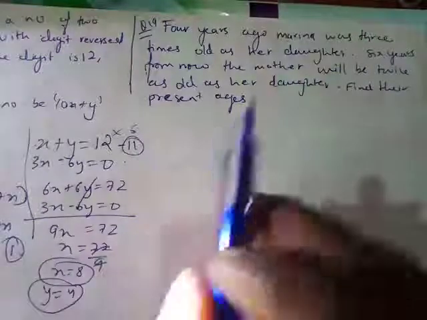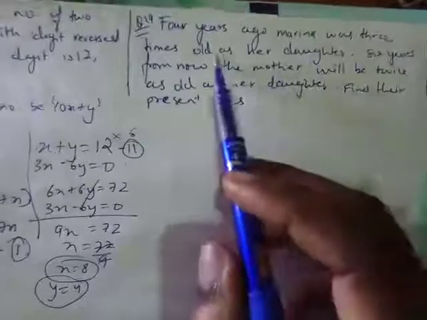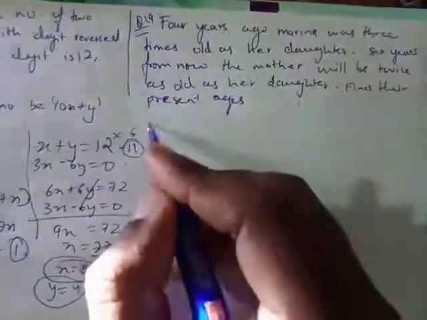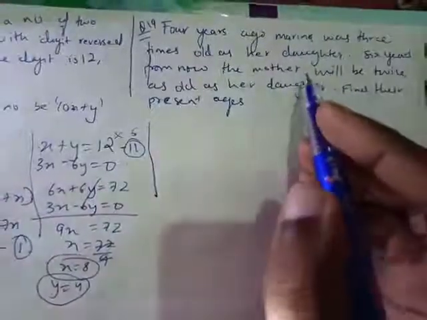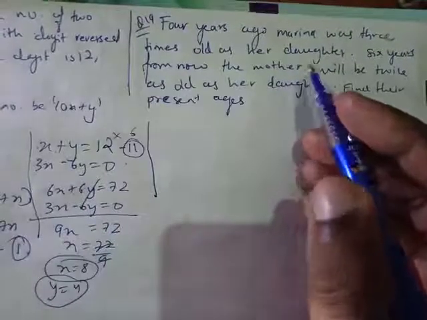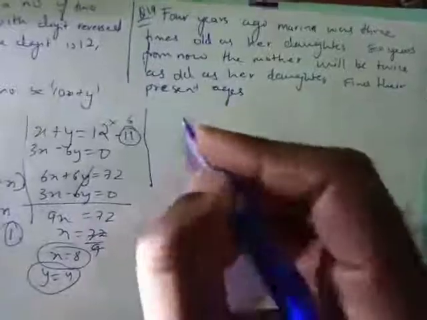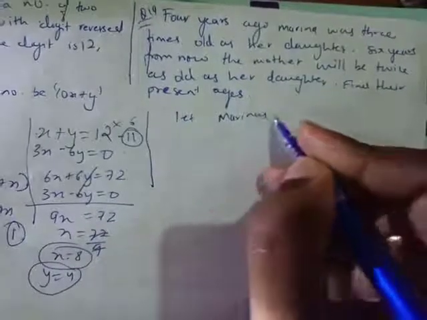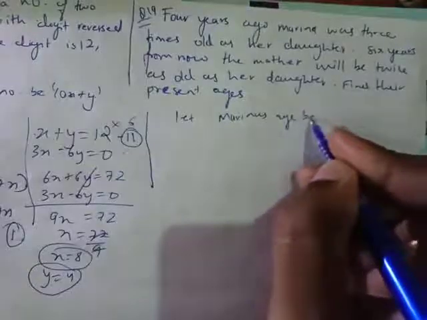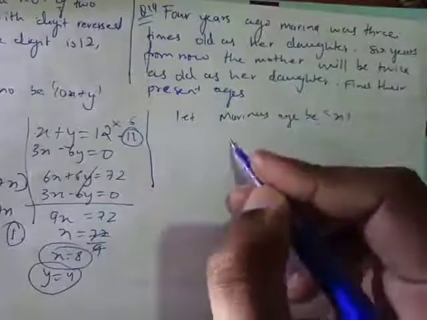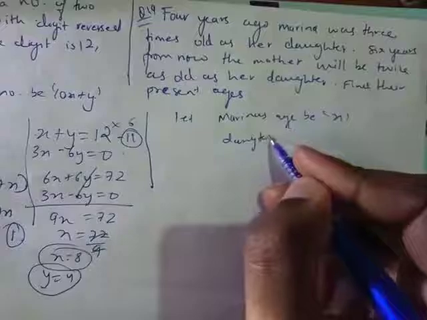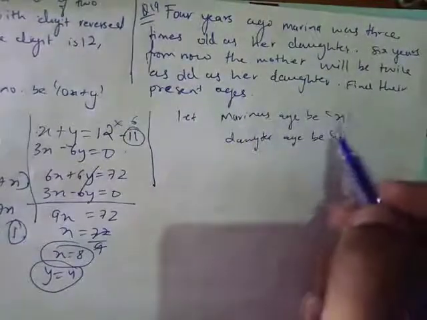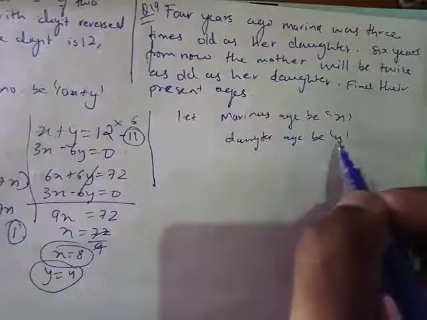It says, 4 years ago, Marina was 3 times as old as her daughter. Now, Marina is the mom and she has a daughter. So I'm going to write, let Marina's current age be x and the daughter's age be y.